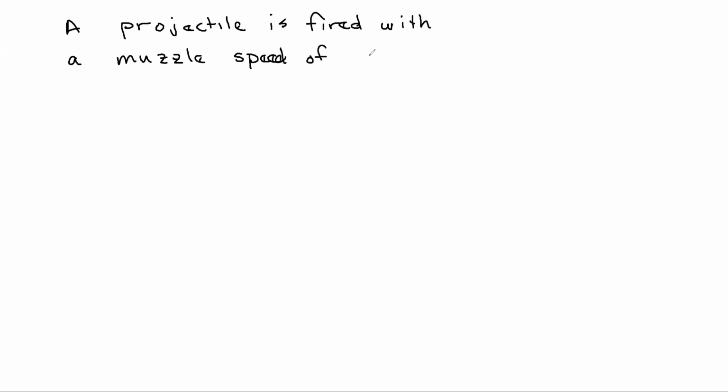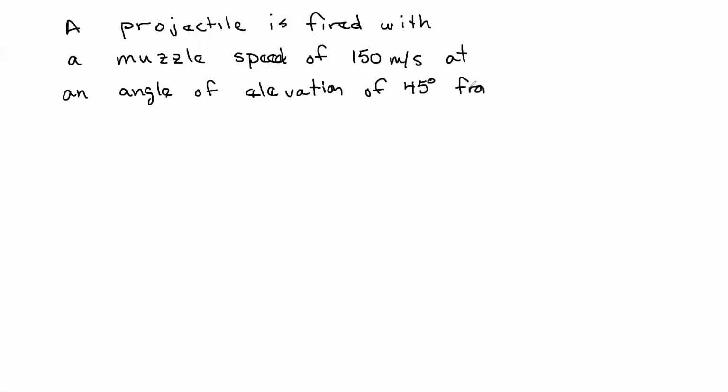A projectile is fired with a muzzle speed of 150 meters per second at an angle of elevation of 45 degrees from 10 meters off the ground. Where does the projectile hit the ground?